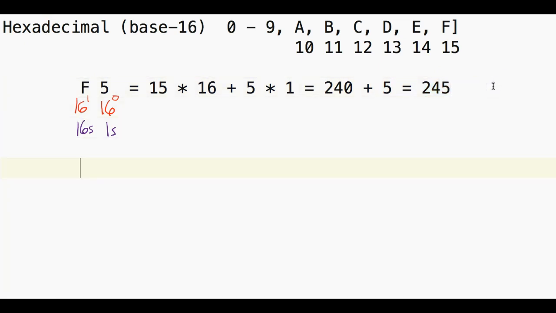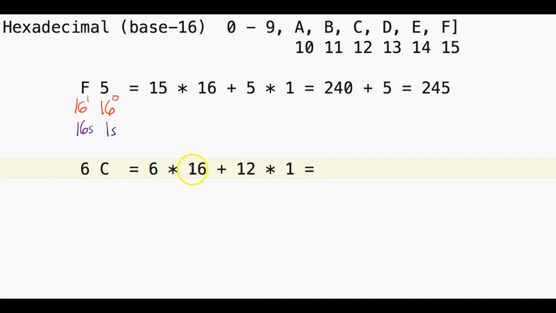Let's try another one. So let's say we've got 6C. So 6C, what do we do? Well, 6 is in our 16s place. So we have 6 16s plus C 1s. Well, C is 12, so 12 1s.